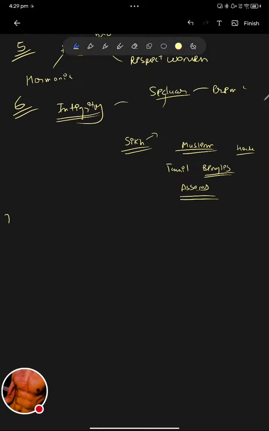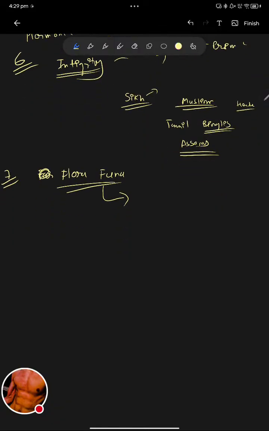So seventh is on protection of flora and fauna, as in protection of forests, rivers, lakes, and all that. Then eighth is scientific temperament, as in you should be rational.